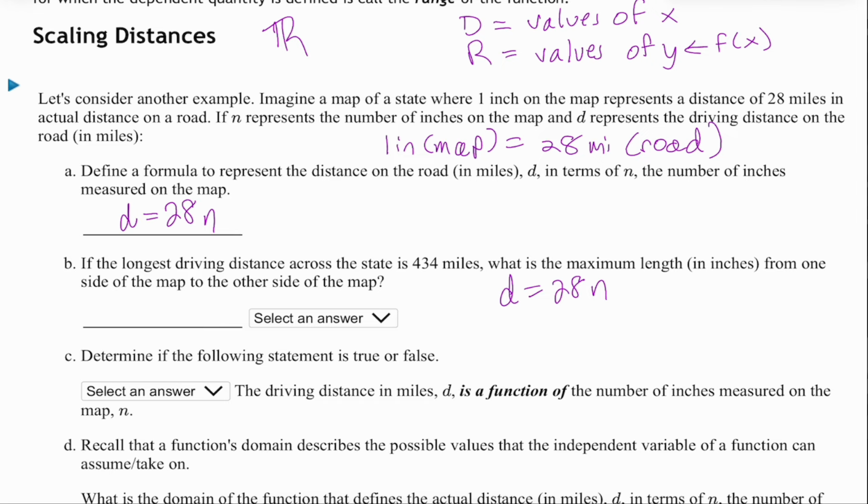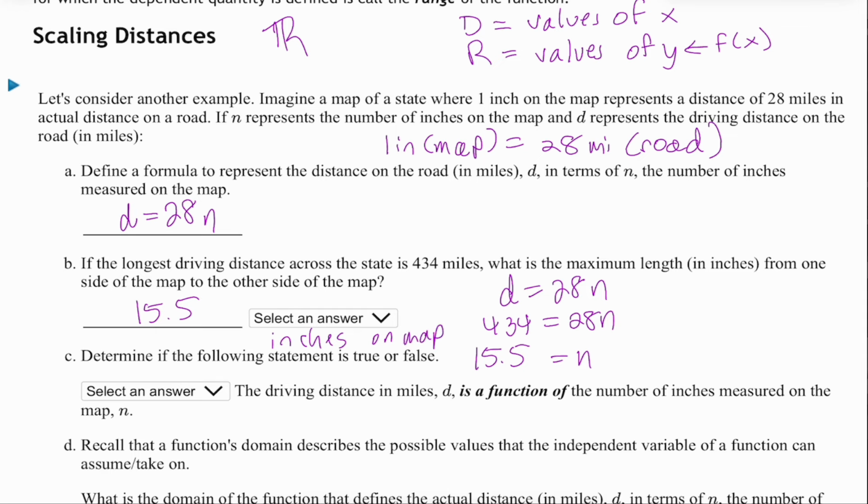And so if we have the distance being 434 miles, the n would just be the division. Now, again, your numbers and my numbers might be a little different. Please note that. But to solve that, you're just going to divide by 28. So I got 15.5. And that would be on the map. Remember, this is our n, is our map. So make sure that is inches.